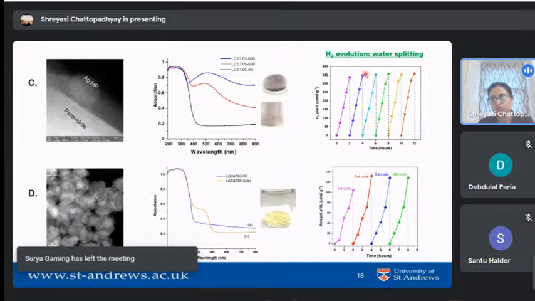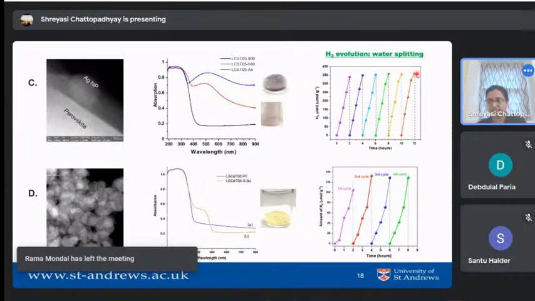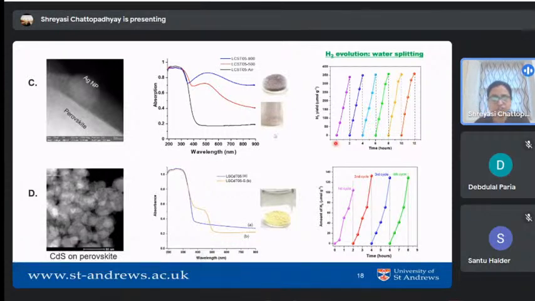We did several cycles to see how it behaves for this kind of cycling stability check. It showed very good cycling stability for 12 hours for this material, and until 8 hours for the cadmium sulfide material. We could have made it longer, but because of time constraints we stopped. It proved that it's a very good catalyst for this kind of green hydrogen production.